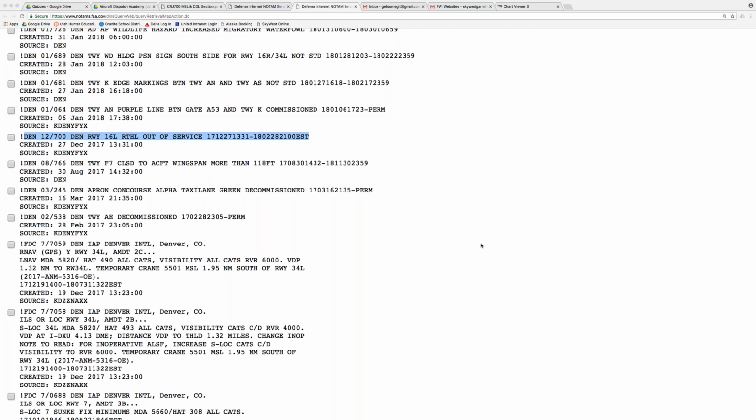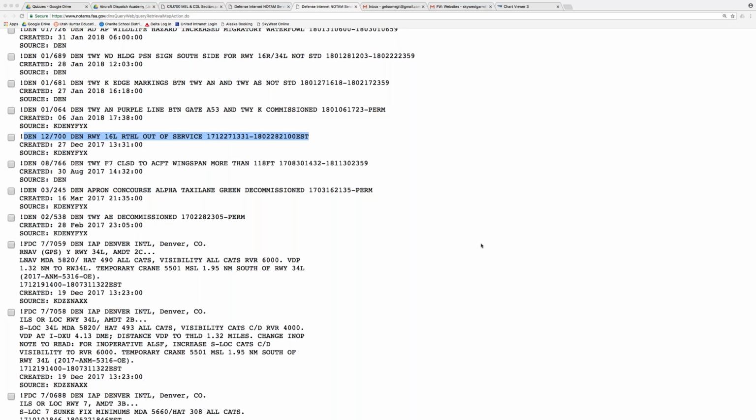So the RTHL, you had the 16 left, right? We call it 16 left. The RTHL stands for runway threshold lights. All right, so the runway threshold lights are out of service on the 27th of December 2017, beginning at 1331 Zulu and ending on February 28, 2018 at 2100 Zulu.